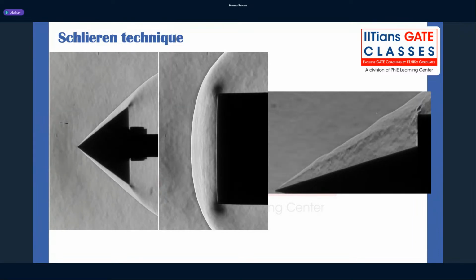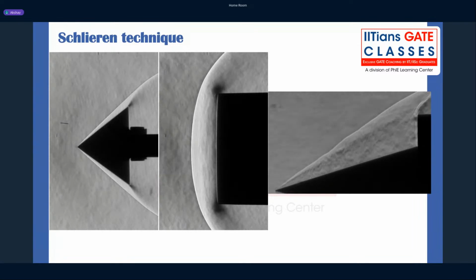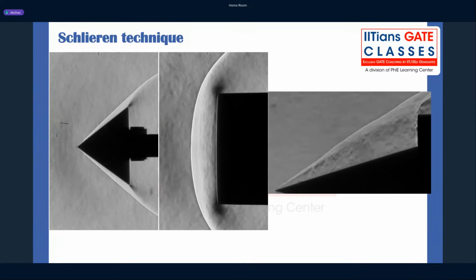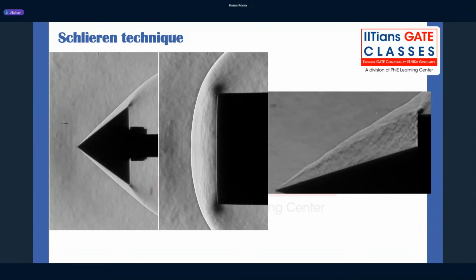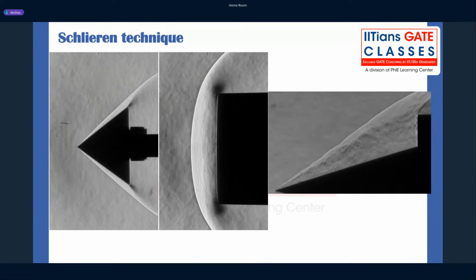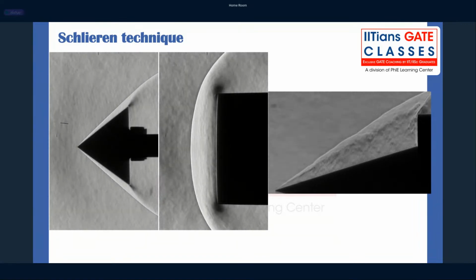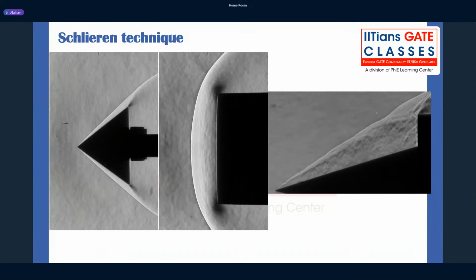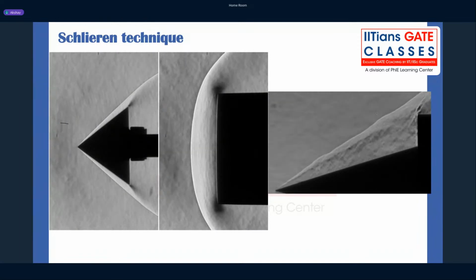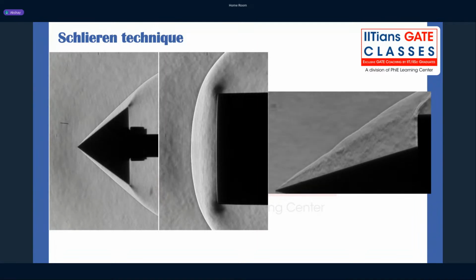So here you see much more detail compared to what you saw in the shadow graph, right? In the shadow graph you are able to see only the shock structure clearly, nothing more than that. But in the Schlieren video, you can see a few more structures like the small eddies, those things, right?